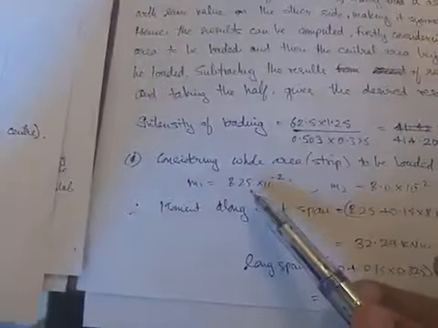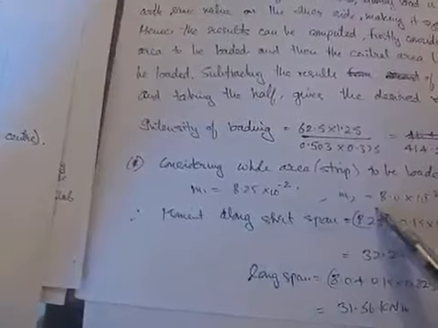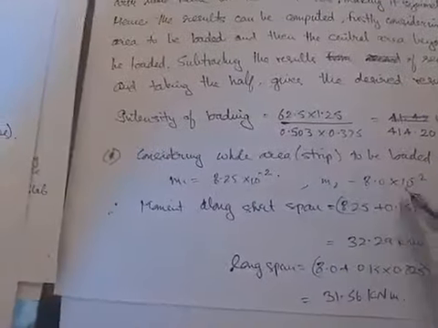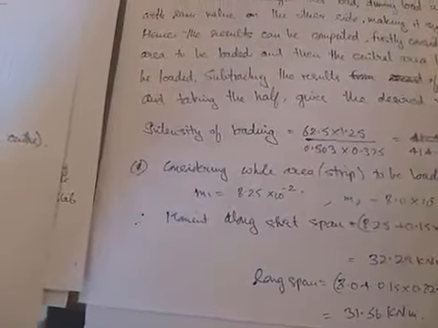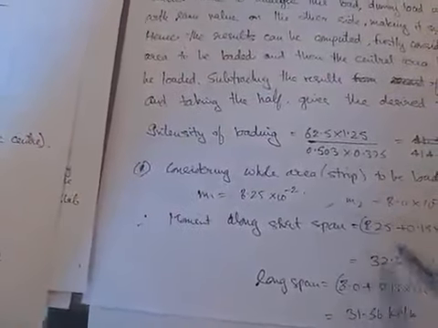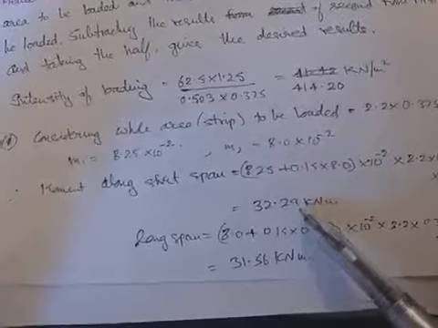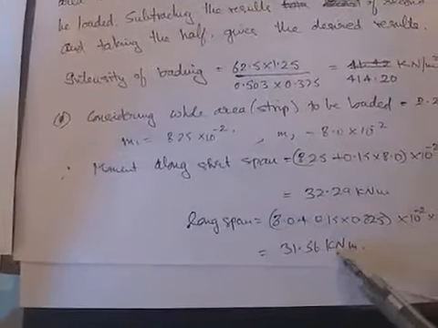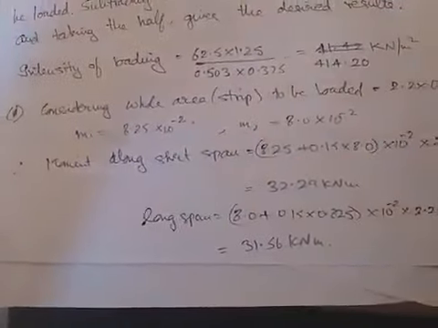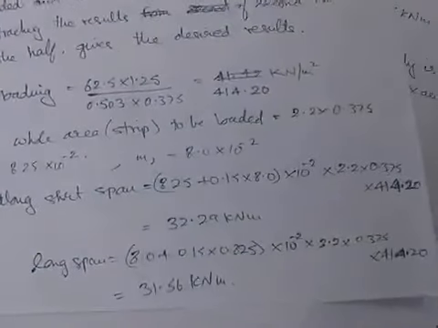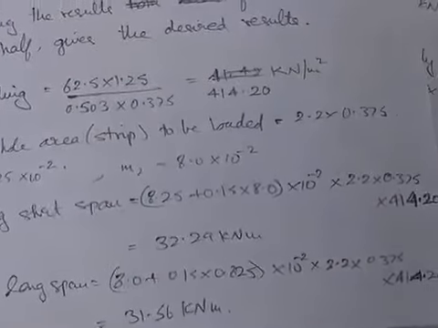For that I get m1 as 8.25 and m2 as 8 into 10 to the minus 2. So I can calculate the moments using these strips. Moment along the short span gives me 32.29 kilonewton meter, and along the long span it is 31.56. You can look at the calculations I have done over here.